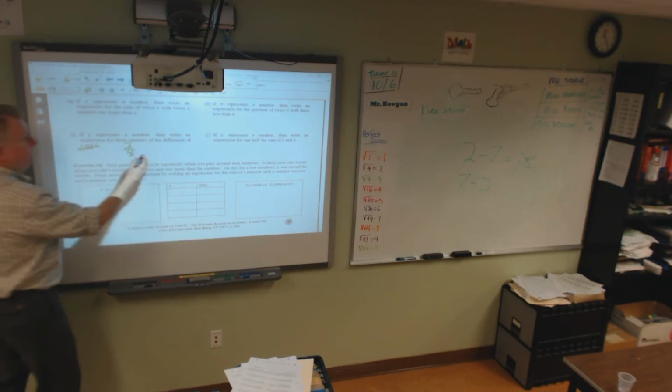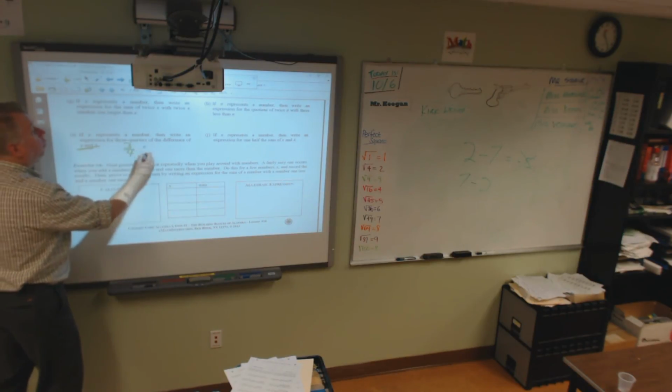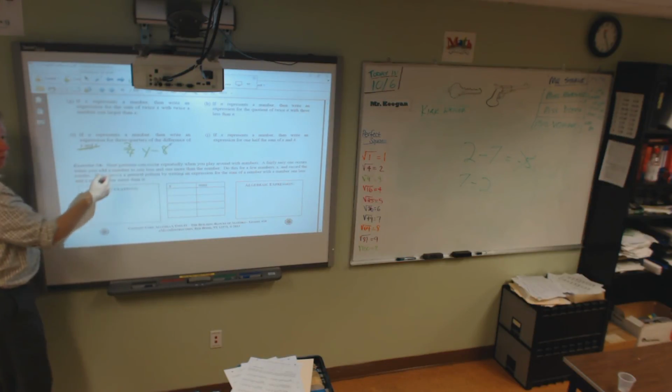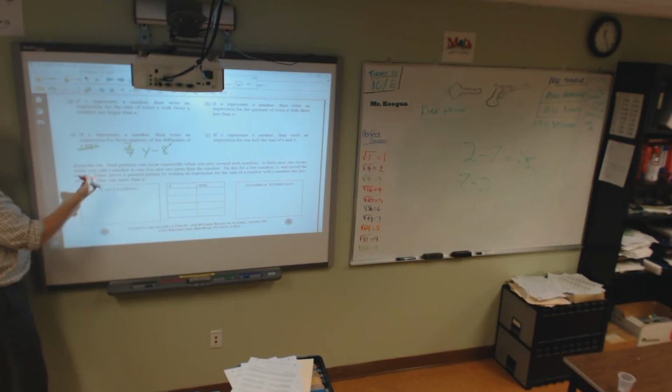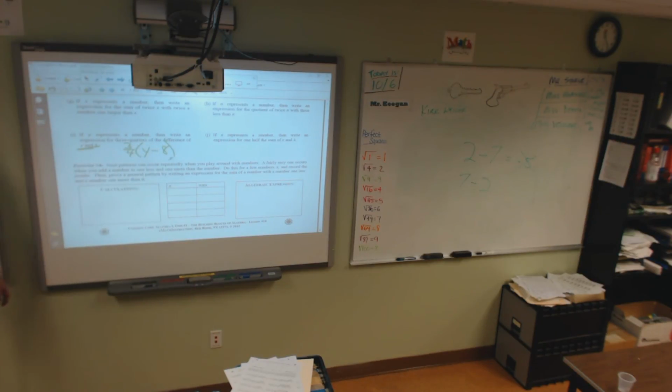Difference means minus, so y minus a. Now how do I put that 3/4 here? What do I do? Parentheses. Parentheses, good, because it's 3/4 of that whole thing, okay?